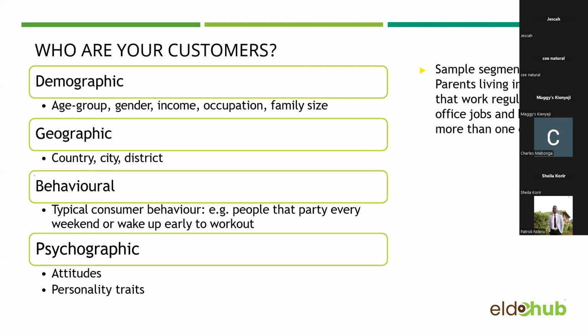So we also looked at customers and talked about the demographics: age group, gender, income, occupation, and family size as some of the key categories that can be used to define any target market segment. Of course, the geographical location, the city. You find that we have different characteristics when we talk about, for example, big cities and small cities like ours in Eldoret. The characteristics are very different.